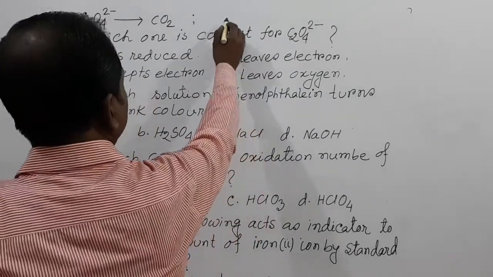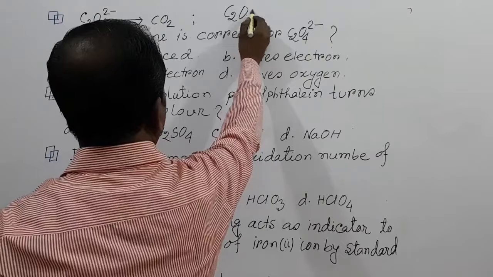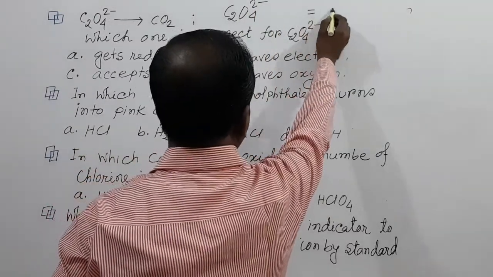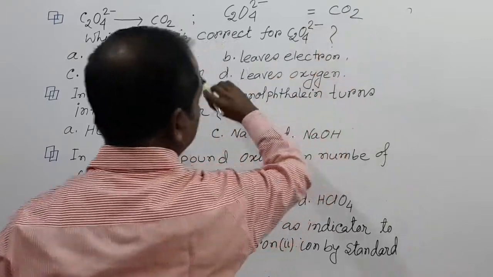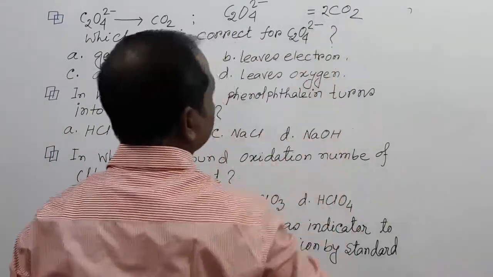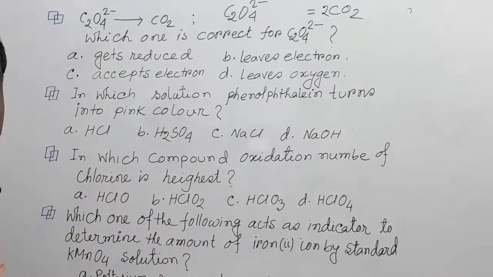My dear students, C2O4 2 minus produces carbon dioxide. Here 2 carbon and 4 oxygen are present, so we write 2CO2.